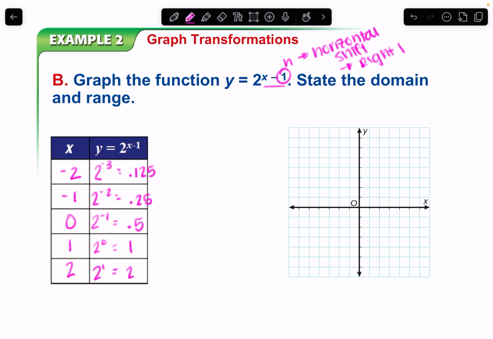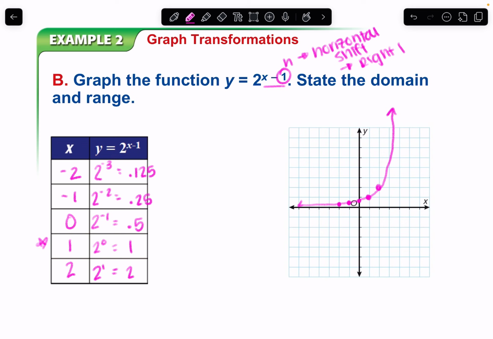So it's shifting over, and you can kind of see that right here in your chart. So graphing -2, 0.125, -1, 0.25, 0, 0.5, 1, 1, and then 2, 2. Your graph will then look like this.